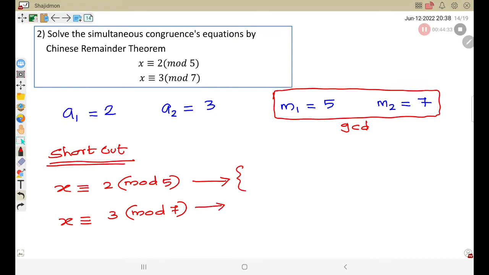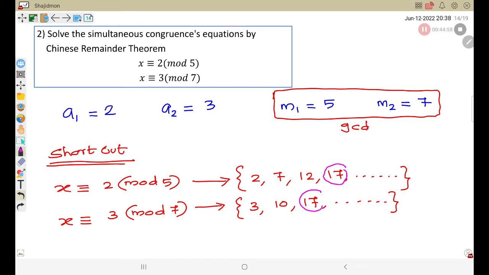We can get 2, then 2 plus 5 is 7, 7 plus 5 is 12, 12 plus 5 is 17, like this going. Now here 3 is the first number, 3 plus 7 is 10, 10 plus 7 is 17, like this going. Select the common number. The common number is 17 only, and that is the smallest one. So the answer is x equal to 17.